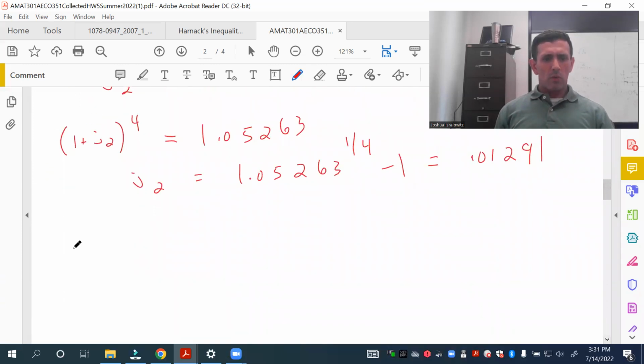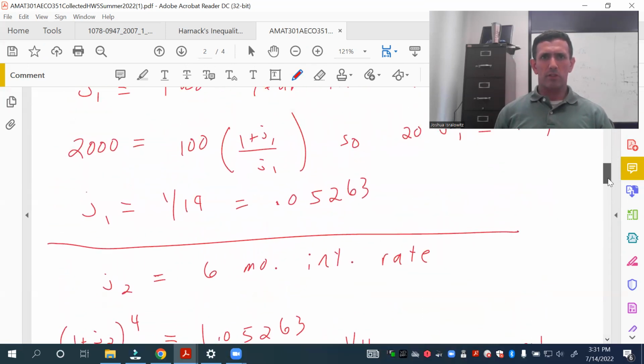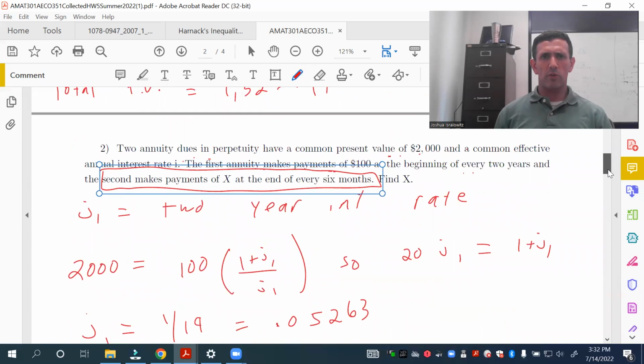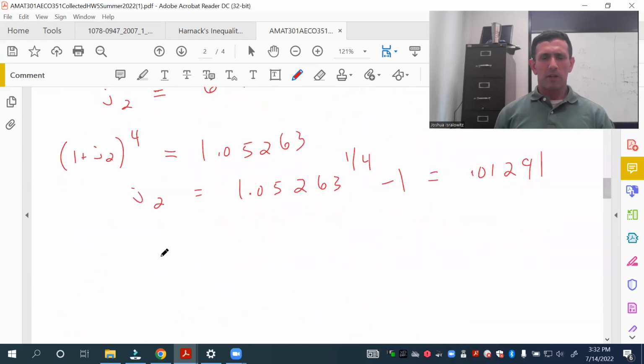All right, so we're given that, and again, you don't really need a time diagram. It's now just plug and chug. We have an annuity. I was a little ambiguous here when I said 2 annuity dues, and the second one makes payments of X at the end of every 6 months.